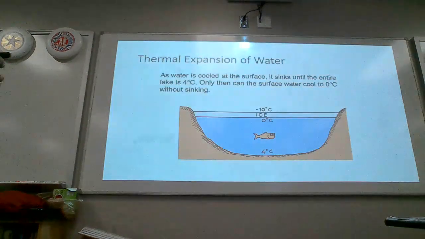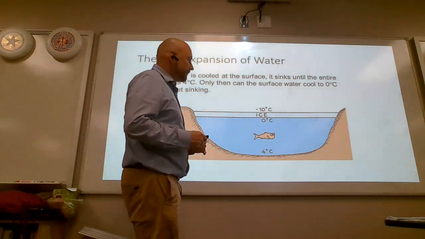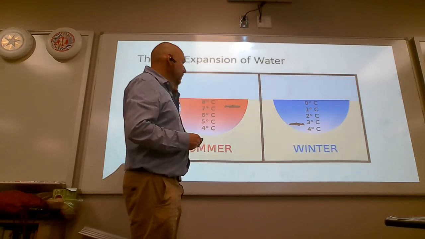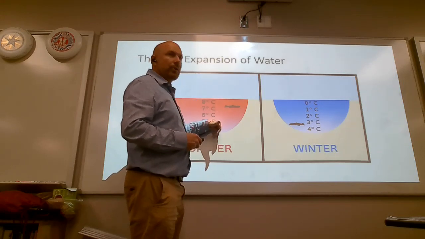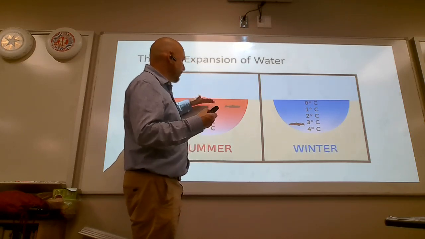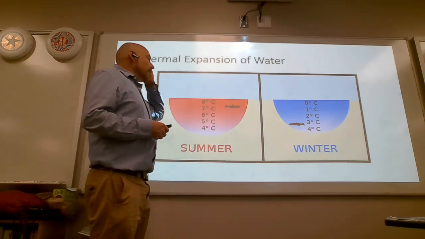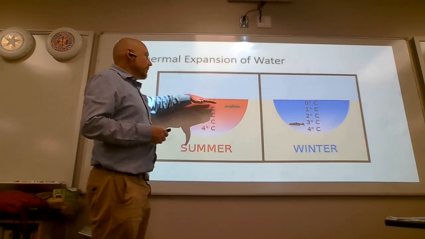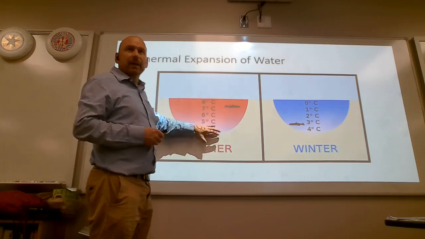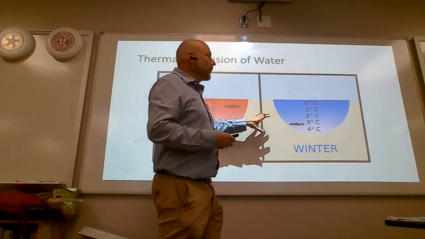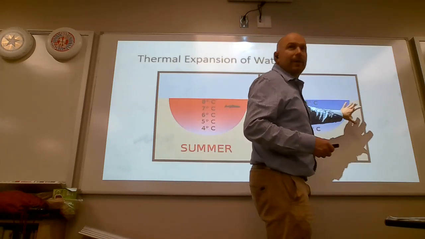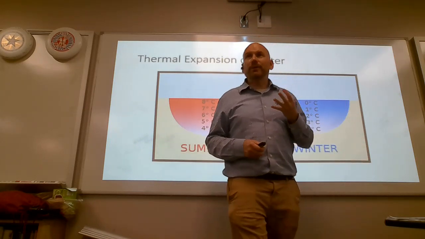So when a pond freezes, as it cools off in fall and winter, the heat is going to leave, and as the water gets colder, it's going to sink down, which we would expect. But in order for water to freeze, this whole body of water first needs to become 4 degrees Celsius.